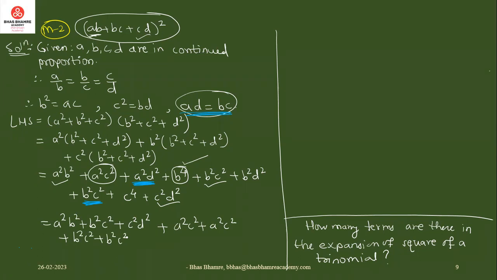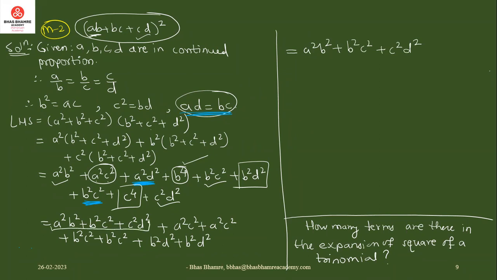And then lastly, as we worked on A square C square and B raised to 4, similarly we work on this, and we get B square D square plus B square D square. So I can clearly write A square B square plus B square C square plus C square D square.